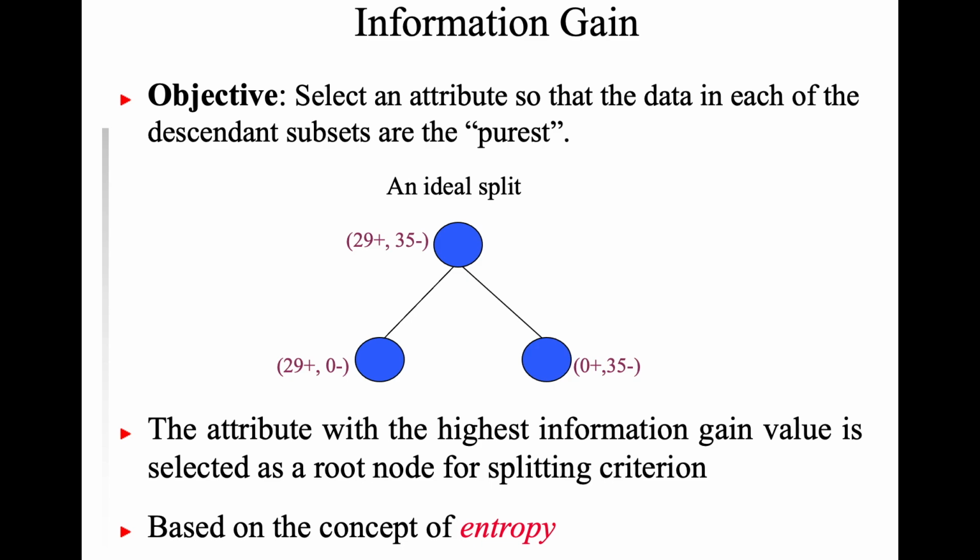For example, here, if we have 29 instances of class yes, on the left child we have all class yes, and on the right child we have all class no. So there's no impurity here. And we call a partition pure if all the tuples or all the instances belong to the same class label. That's when, in designing our decision trees, we said okay, we reached the leaf node.